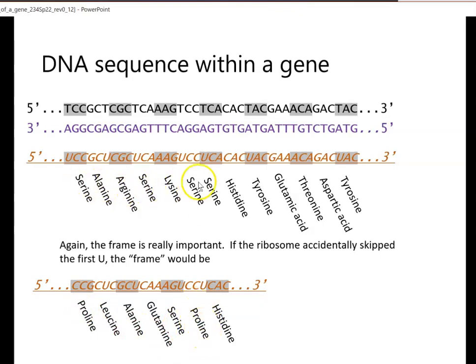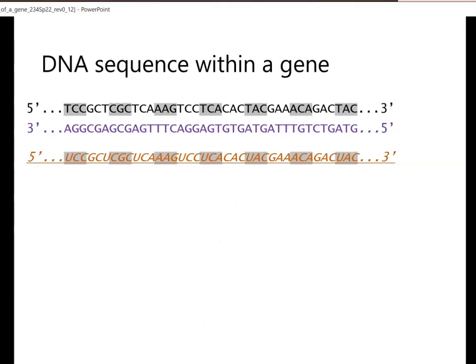There is no bend up here, so this has a different 3-dimensional structure. So the point I'm trying to make is that if the frame changes, and instead of seeing UCC as a codon, it starts to see CCG, that randomizes the entire protein, and there's no relationship between this amino acid sequence and this amino acid sequence.